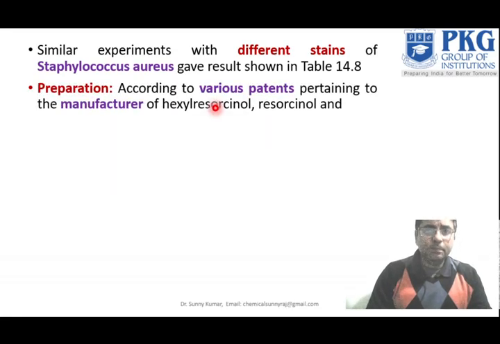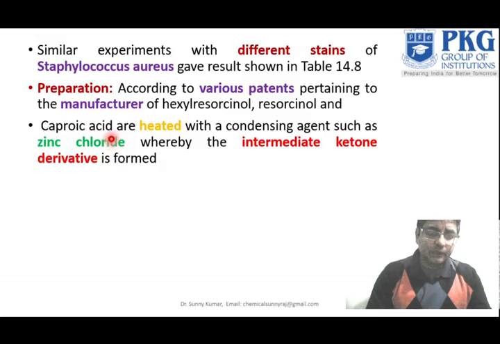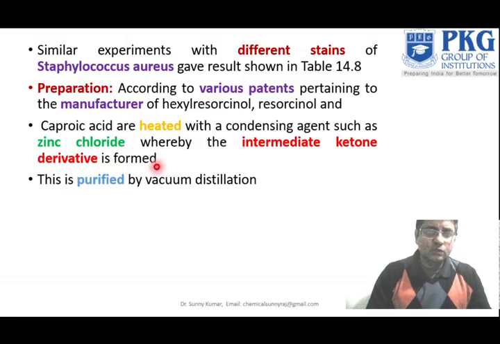Okay, so the preparation according to the various patents pertaining to the manufacture of hexyl resorcinol: resorcinol and caproic acid are heated with a condensing agent such as zinc chloride, whereby the intermediate ketone is formed. This is purified by vacuum distillation.